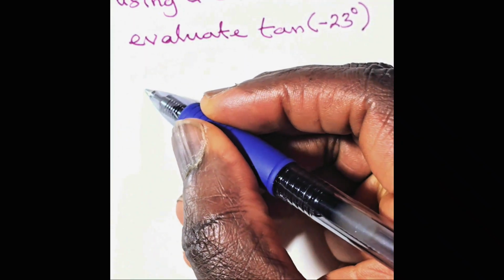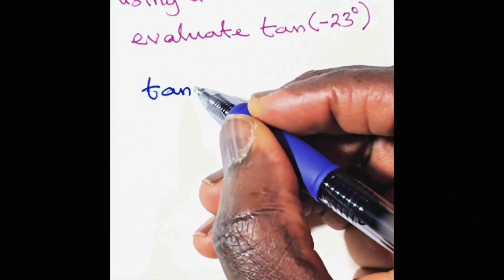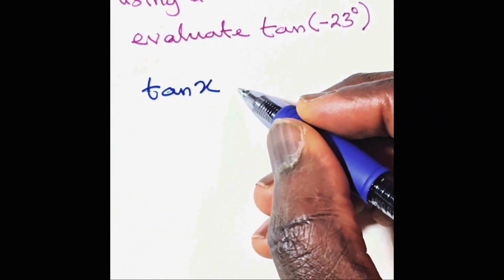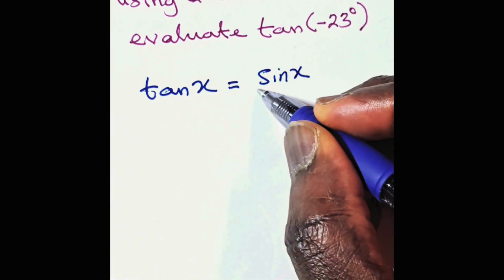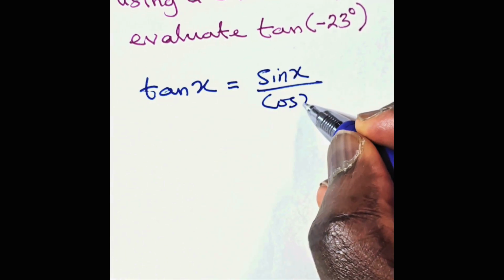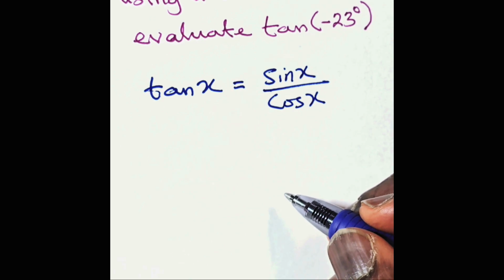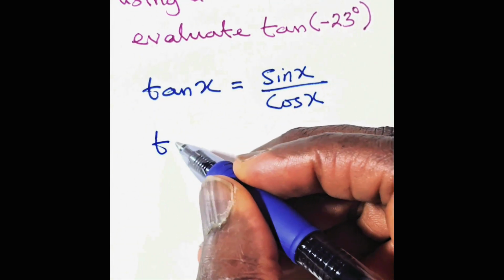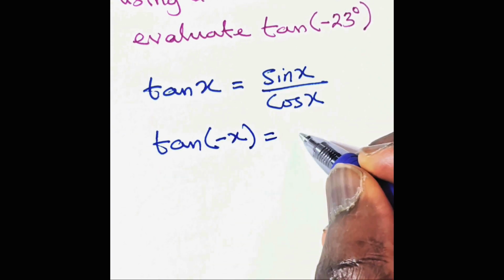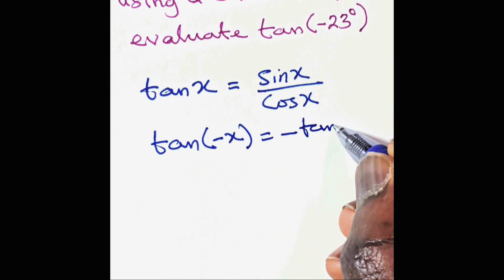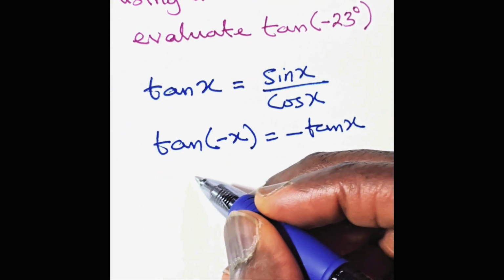The first one is, if we have tan x, that would be the same thing as having sine x divided by cos x. If we also have tan of minus x, this is the same thing as minus tan x.